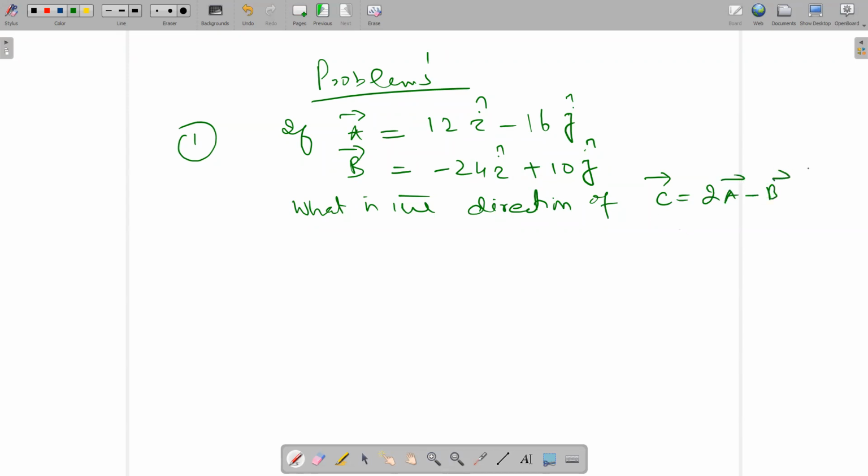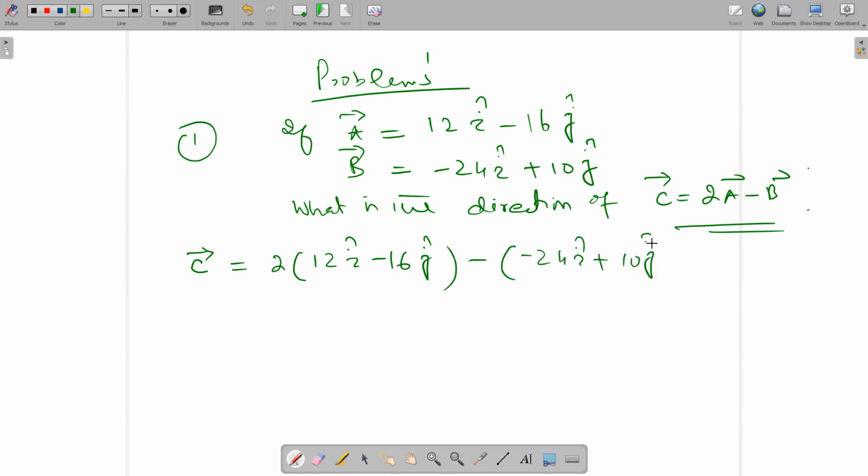Okay, so we want to find the direction of C, meaning we want to find the angle theta. So first you will find 2A. I can write here that vector C is equal to 2 into A, which is 12i minus 16j, minus B, which is minus 24i plus 10j.